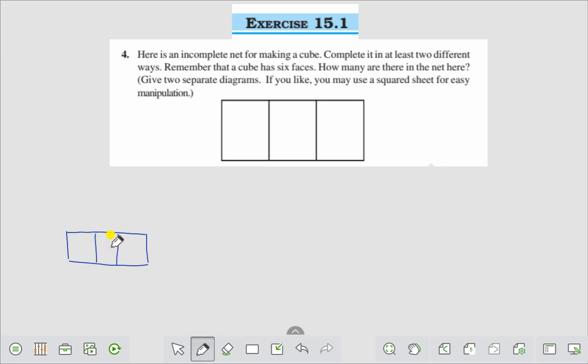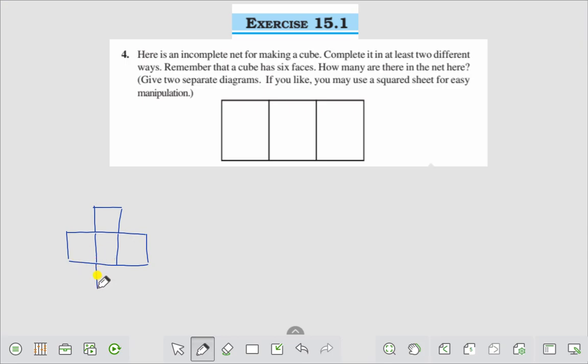If you fold it this way, that means you have to make one square here. Here you see, if you fold this one and this one, then you have to make another two faces here.